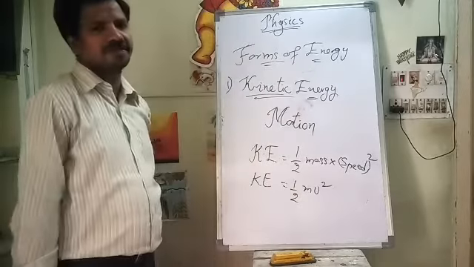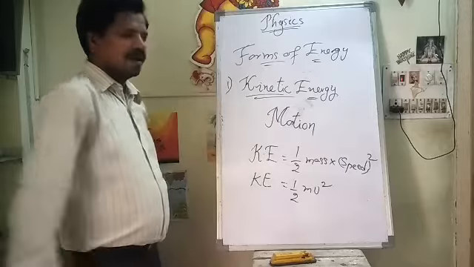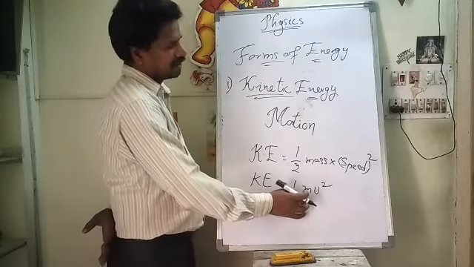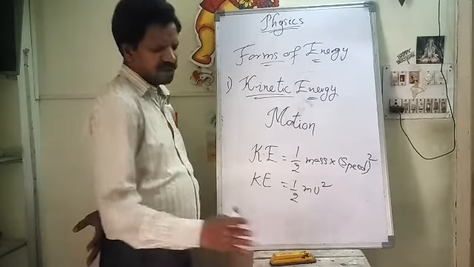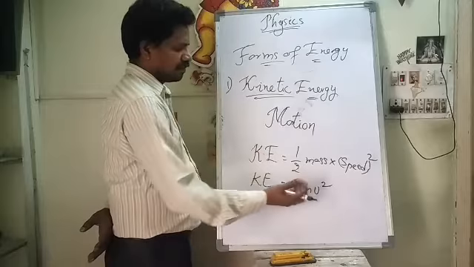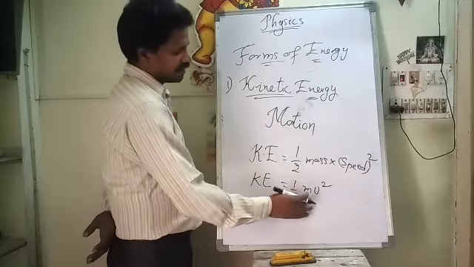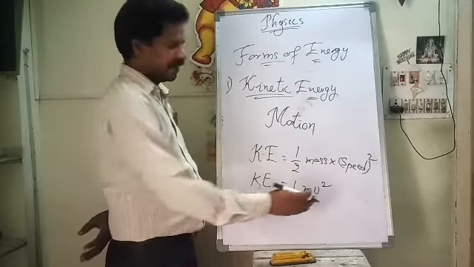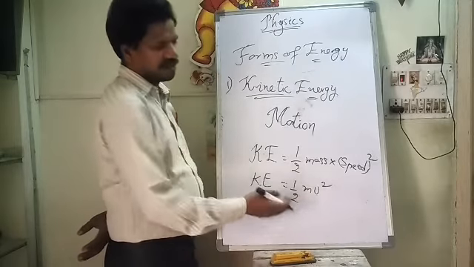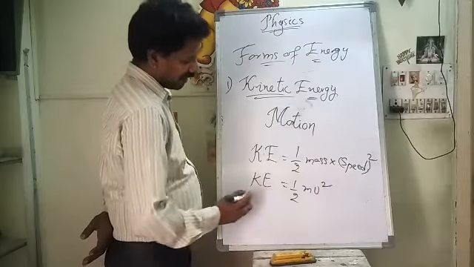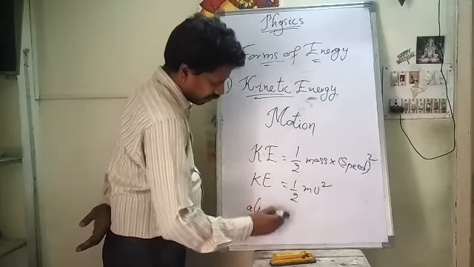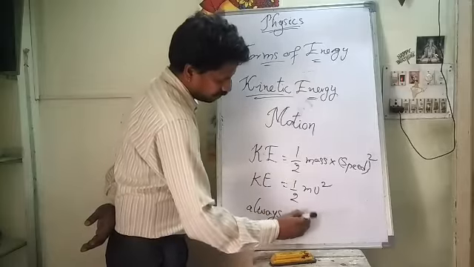Here mass is always positive, speed is positive, and the square of the speed is also positive. That's why kinetic energy is always positive.